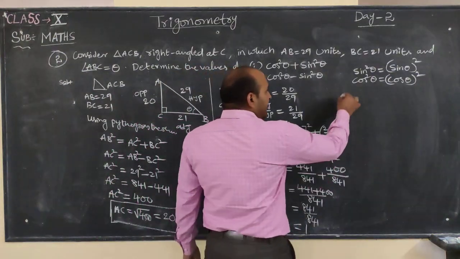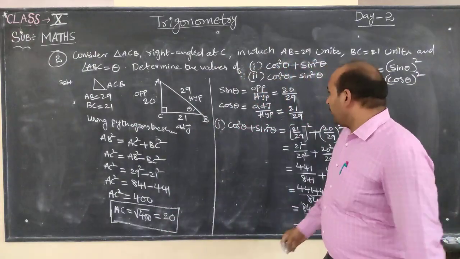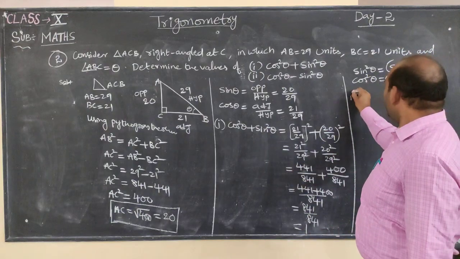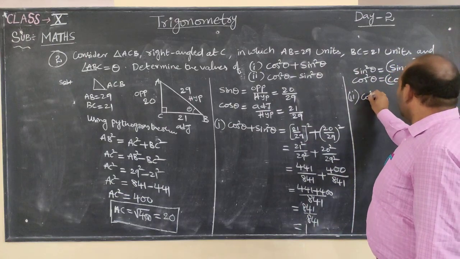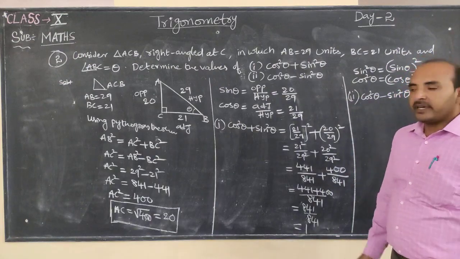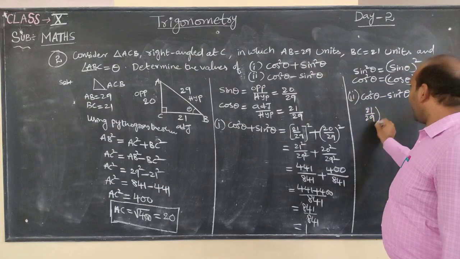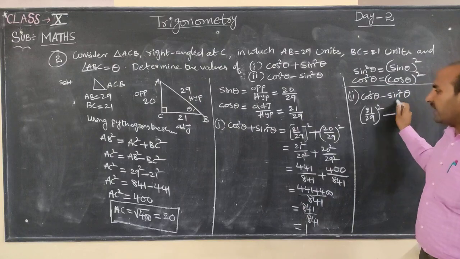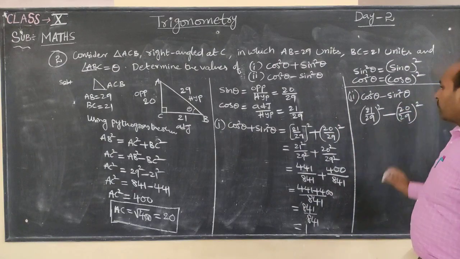So now coming to the second bit. What is the second bit? Cos square theta minus sin square theta. What is cos square theta value? Clearly 21 by 29 whole square minus sin square theta value 20 by 29 whole square.